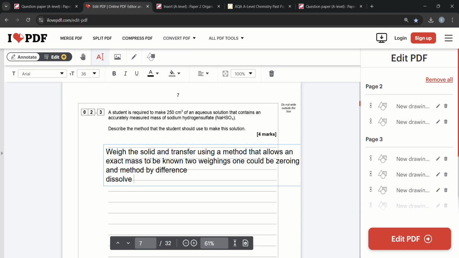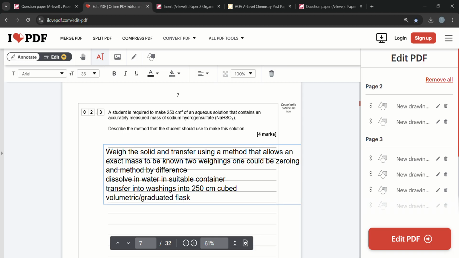Dissolve in water in a suitable container, not in 250 cm³ of water, transfer with washings into a 250 cm³ volumetric flask, then make up to the mark, which is 250 cm³, and the final step, invert and shake.